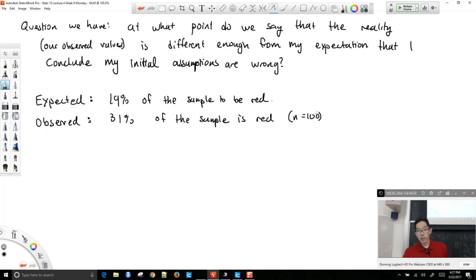Is it possible to get 31% just from random sampling? If the bucket truly is 19%, is it possible to get 31% red from random sampling? Yeah, it's technically possible.